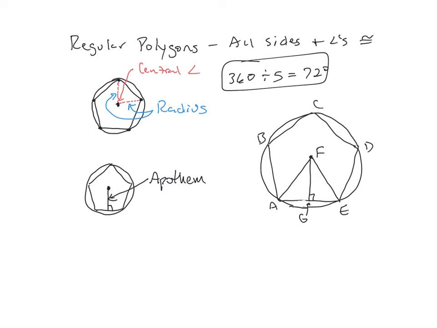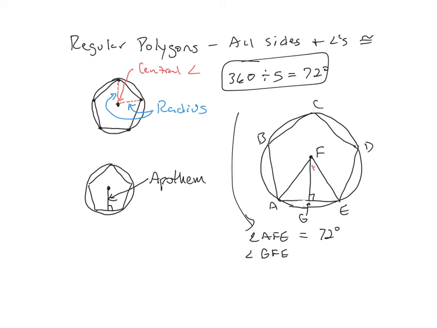All right, so it might say to find angle AFE, which is the central angle. And it's 5 sides, it's a pentagon like we just did. So AFE would be 72 degrees. Again, divide by 5, divide by 6, divide by 12, whatever the number is for the number of sides. All right, then we might say find angle GFE.